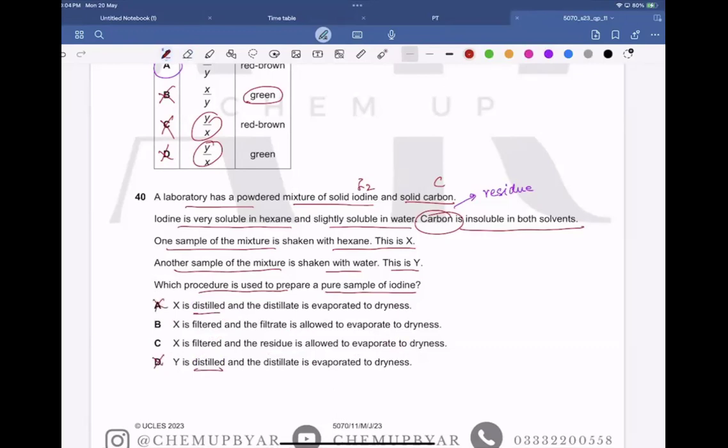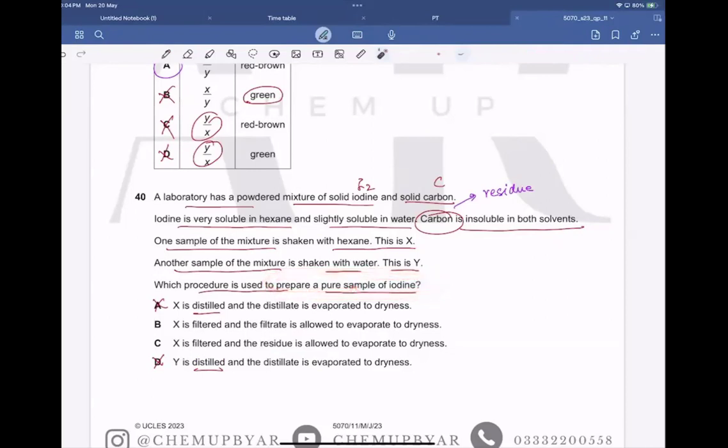Yes, Ammar, Khatija, and Shayan. Okay. Now, when I filter it, where would be the iodine? Is iodine in the residue or in the filtrate? Iodine is in the filtrate, and what they are asking is that you need to prepare a pure sample of iodine.